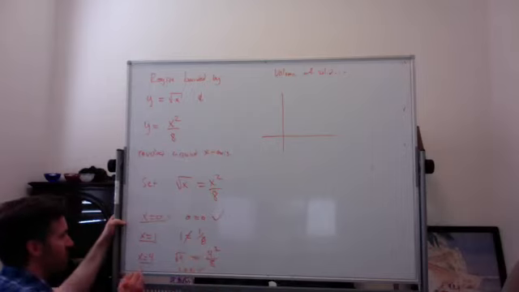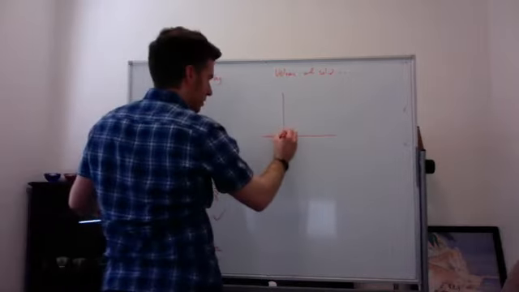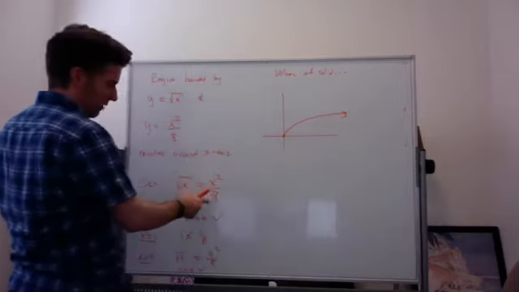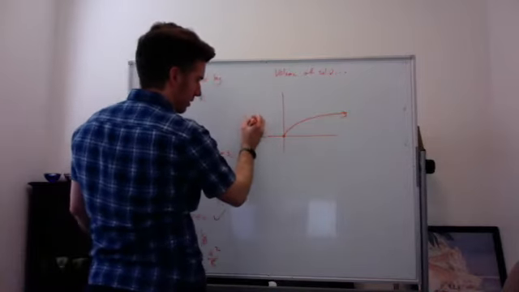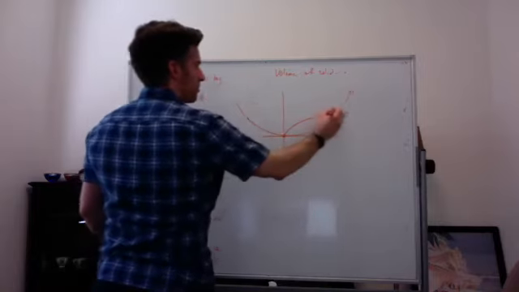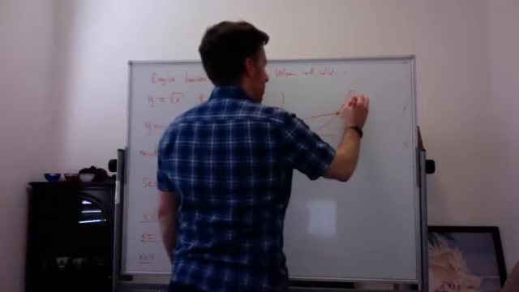So the points of intersection are probably just 0 and 4. And that makes sense graphically because the square root function looks like this. And this parabola function divided by 8 looks something like this. There shouldn't be any other crossing points.